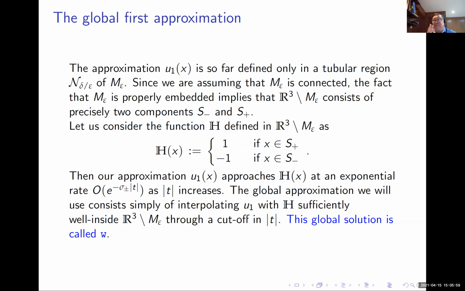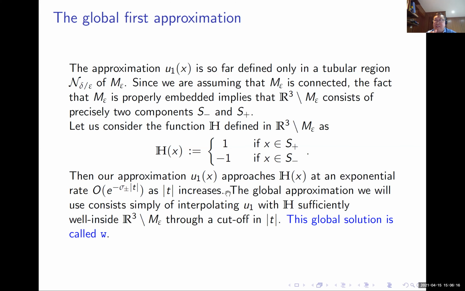Because of the exponential decay, you can do this and still get the exponential decay. So the important thing is M is orientable. This is important. So we get a global solution.